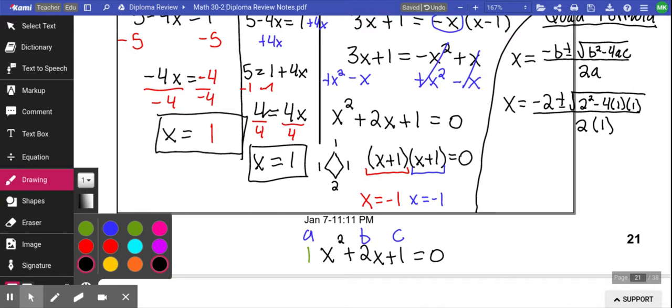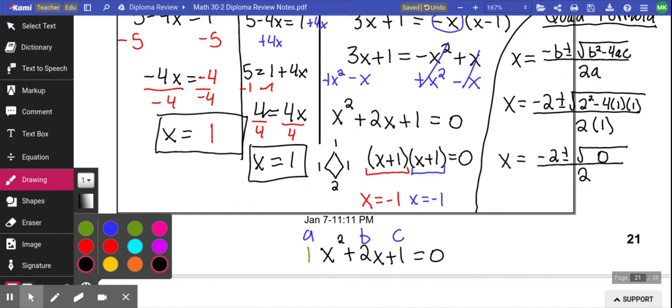My suggestion when you do the quad formula is to calculate what's underneath the root sign first. So 2 squared minus 4 times 1 is 0. And calculate what's on the bottom. 2 times 1 is 2. That's my suggestion. It just saves you from maybe making a calculator mistake.